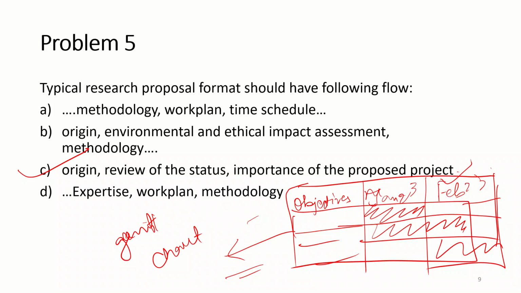This is mapping the timeline versus the planned work. Most of the time we do not follow it exactly and have to redesign it. For some experiments we will be repeating, or what we expected will not happen that way, and it goes on like this. So it's the Gantt chart.